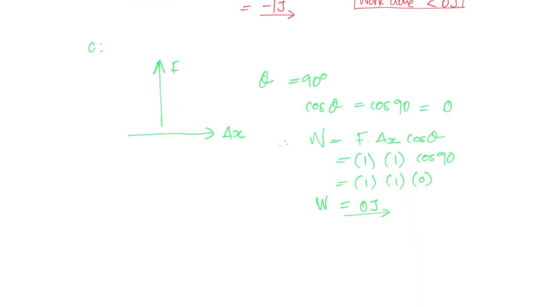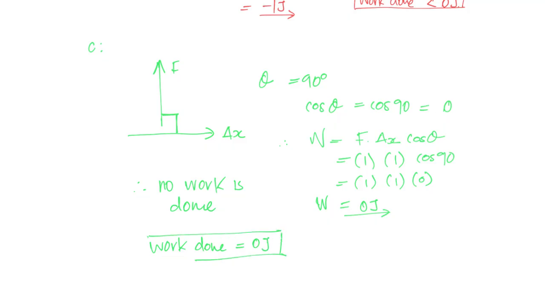So if I have my force going in an upward direction and my displacement perpendicular to my force, at 90 degrees, then I can say no work is done, or work done is equal to 0 joules. And that's my third condition for theta.